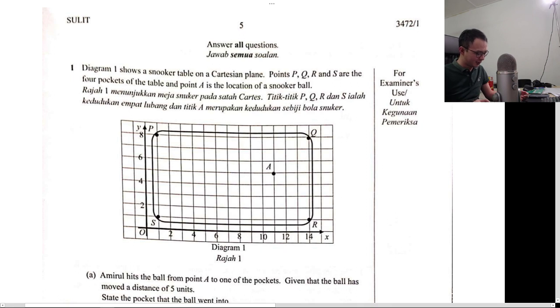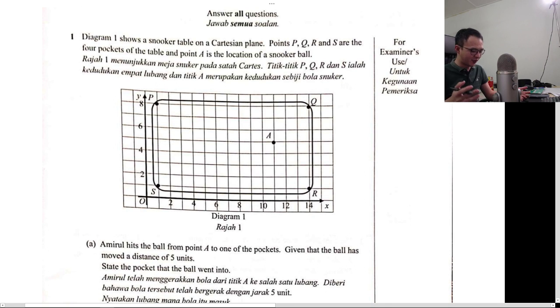Amiru hits the ball from point A to one of the pockets. Given that the ball has moved a distance of 5 units, state the pocket that the ball went into. This one is actually quite simple. It's basically just Pythagoras. If you know Pythagoras, this question will be super easy for you.